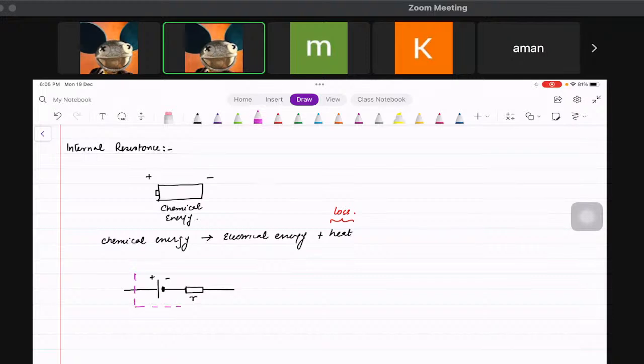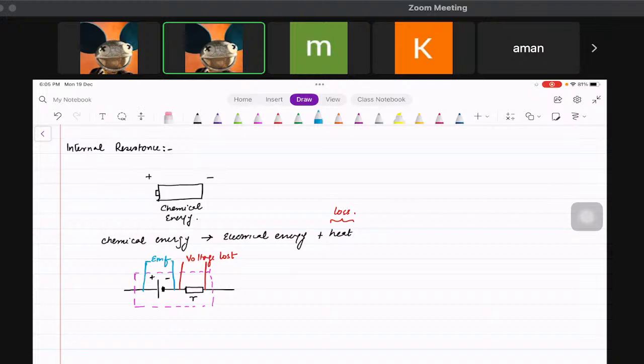And within that battery we say that there's a resistance equal to small r, and there are the terminals. What you need to remember is that this section would give you the voltage that is lost, and this section, let me change the color, is going to give you the EMF, which is the total voltage that the battery supplies.